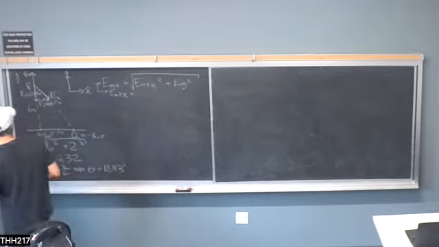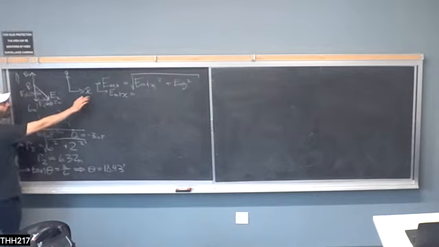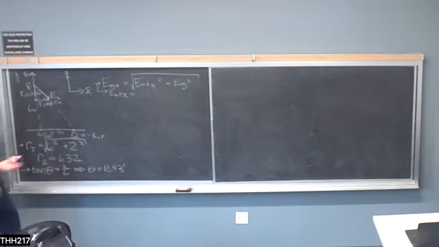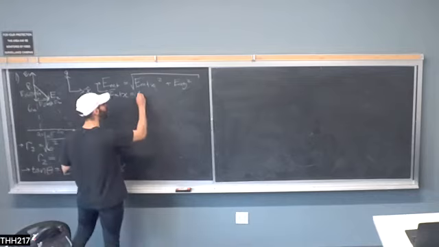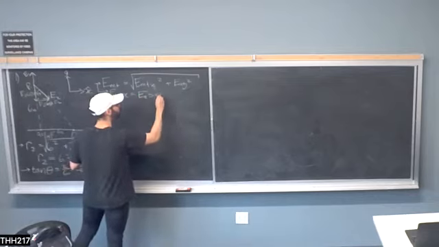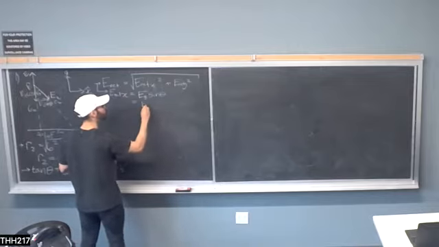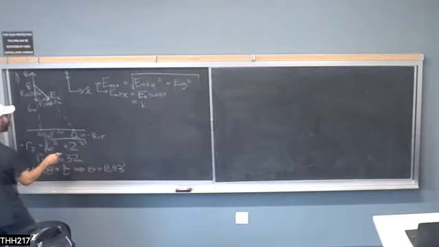What's acting in the x direction? We only have one thing: that E2 sine theta. It's pointing in the same direction as our x coordinate, so it's positive. If I plug in E2 sine theta, I'm going to express E2, so that's k times the charge that's causing E2.